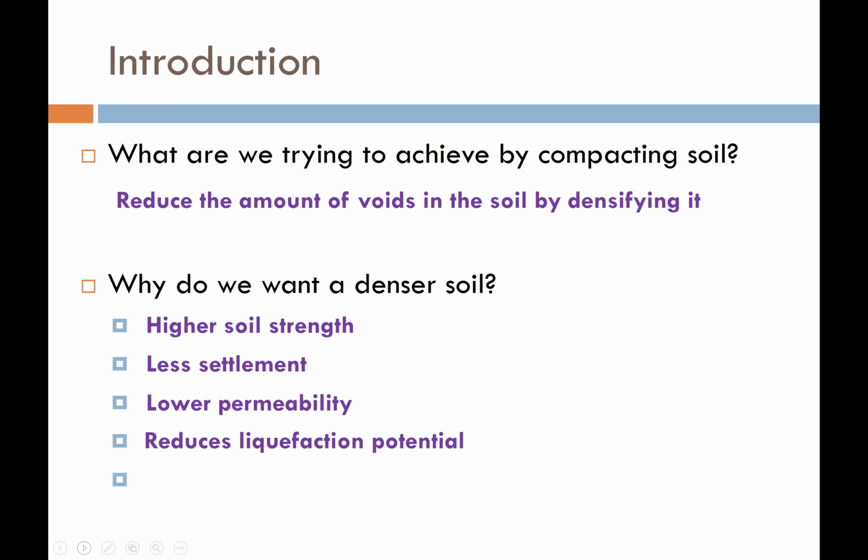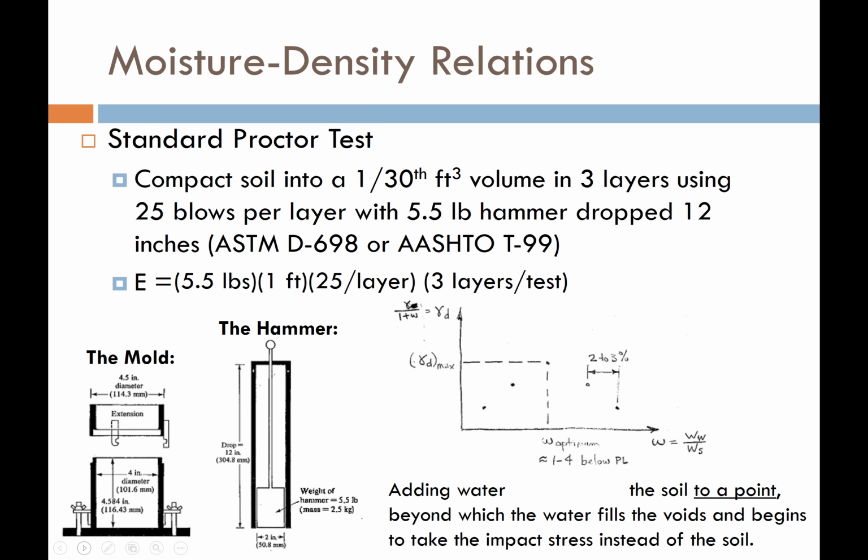We won't really talk about that in this class, more in my 545 class, the earthquake engineering class. But I just want you to be aware that that's one of the benefits of densifying soil. And finally, we're going to reduce the potential for the soil to rut and to wear and erode away. So these are all really desirable aspects of compacting soil, particularly prior to any mass grading project.